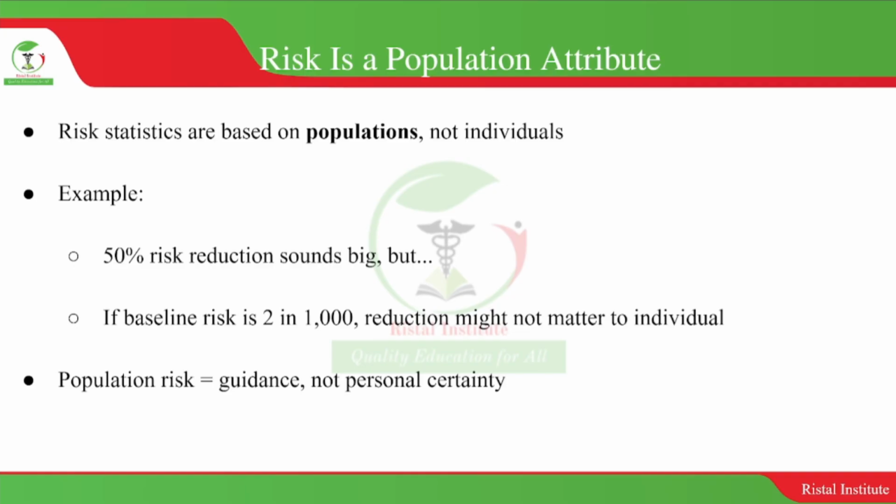When you communicate this to a person, does the person interpret this as a matter of importance to them? So these risk statistics communicate issues to do with populations, but not individuals, because that reduction may not matter to the individual. Okay, so that's the whole point there.